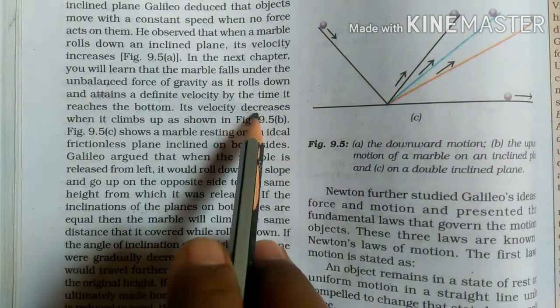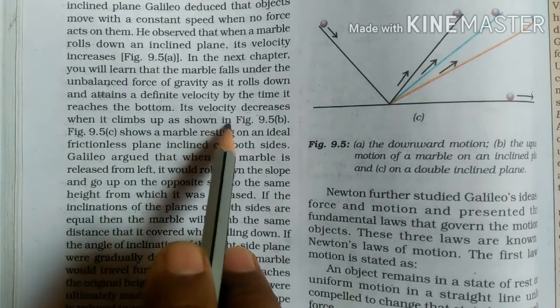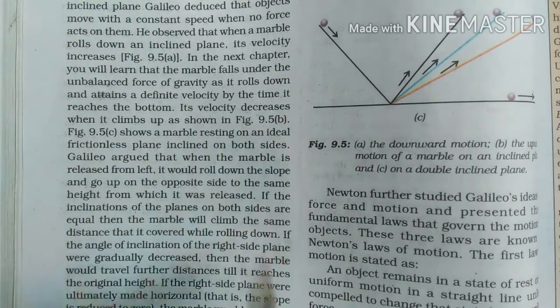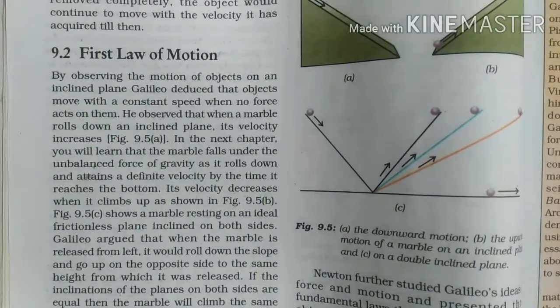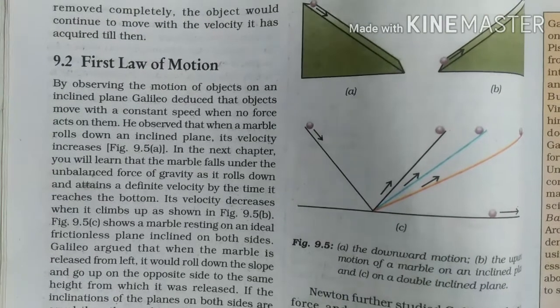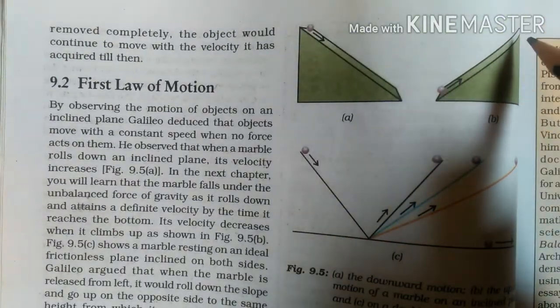Its velocity decreases when it climbs up, as shown in figure 9.5b. What happens when the marble goes upside? That time its velocity decreases. See here in this figure.